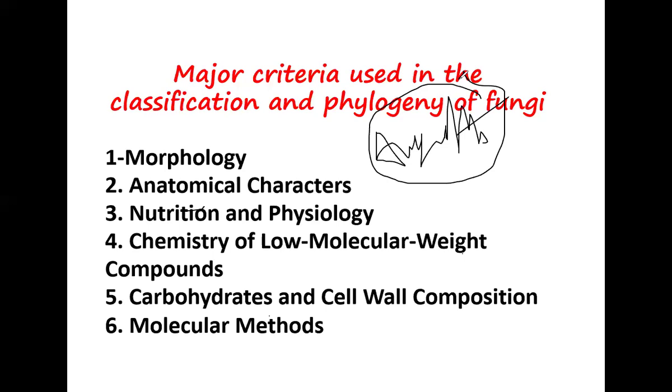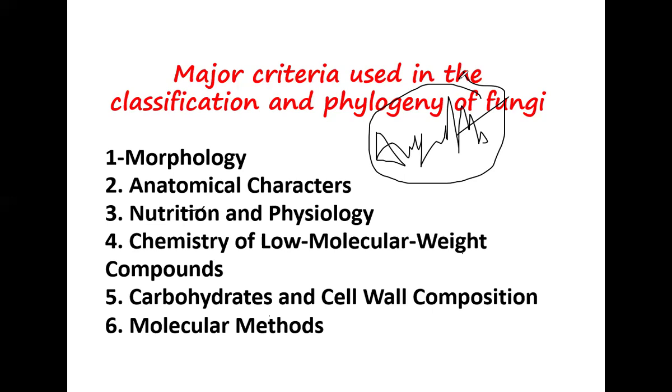How it is anatomically, how the spore structure is, how the ovule structure is, how the fruiting body structure is. We all studied the asexual and sexual fruiting bodies. What are the asexual fruiting bodies of the fungi?